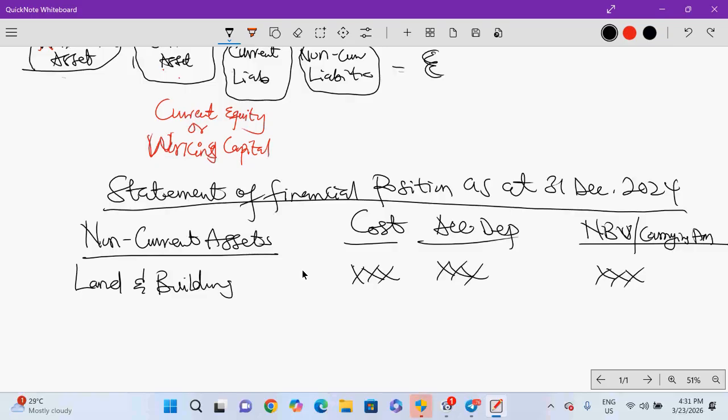Land, at your level, what do you know about land? What can you say about land? Those who read accounting. It is appreciable. Come again, what did you say? It is appreciable. Oh, okay.